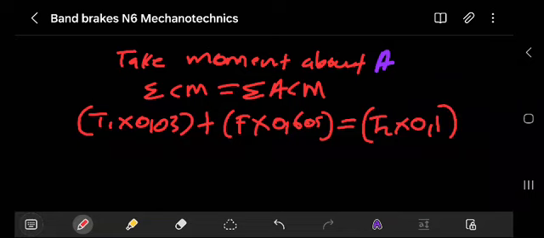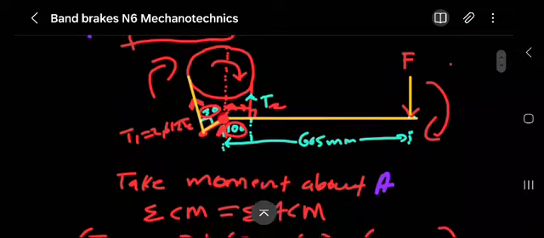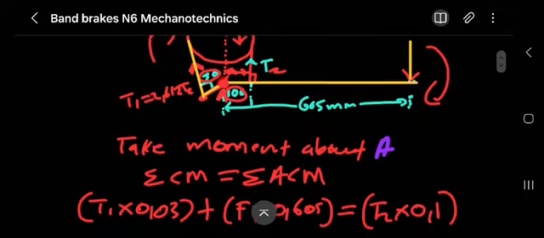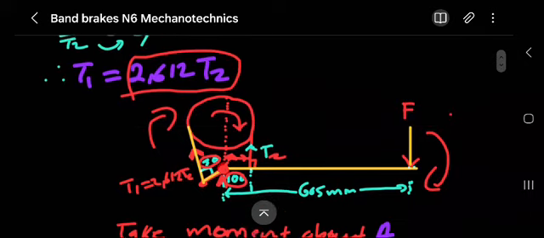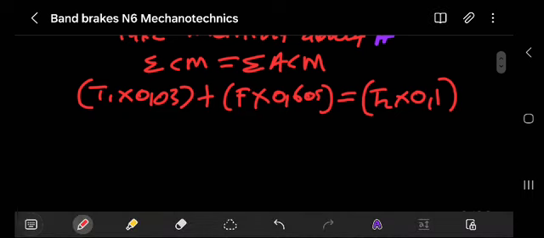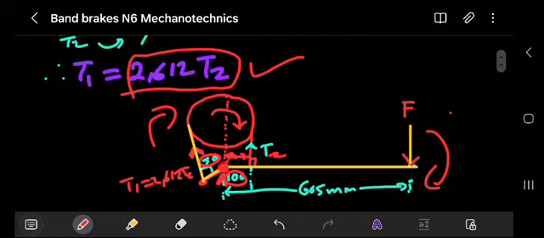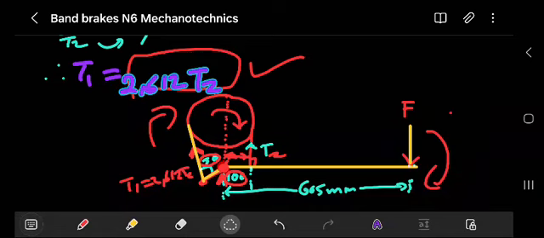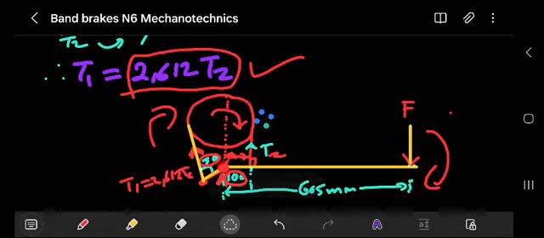Then it's a matter of maths now. Remember, T1 is equal to that, so no problem. T1 is this, guys. That means in the place of T1, we'll substitute this from our ratio. Let me copy that.